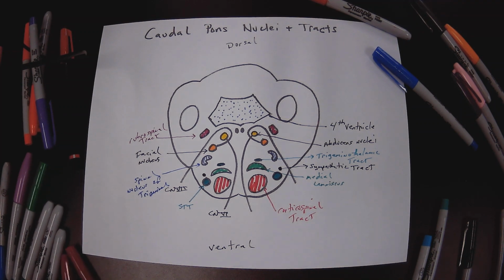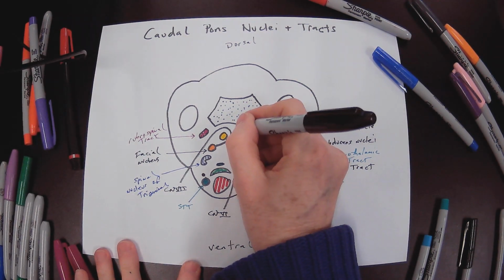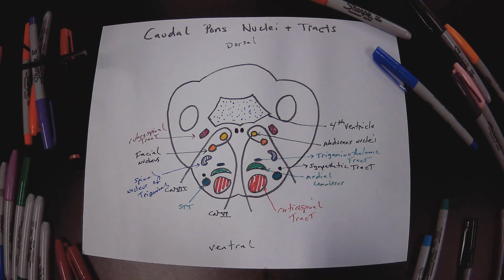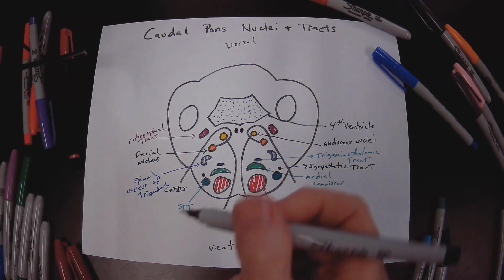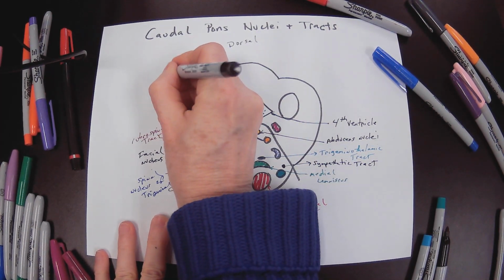Again, the most medial tract we haven't talked about yet is responsible for carrying information that coordinates eye movement. This is going to be your medial longitudinal fasciculus, or MLF.